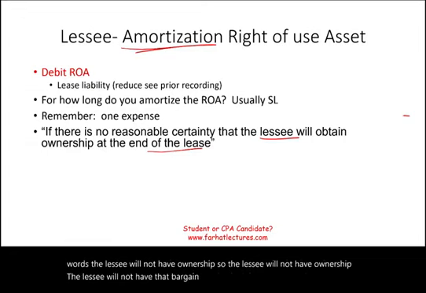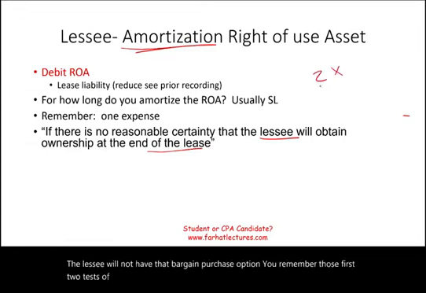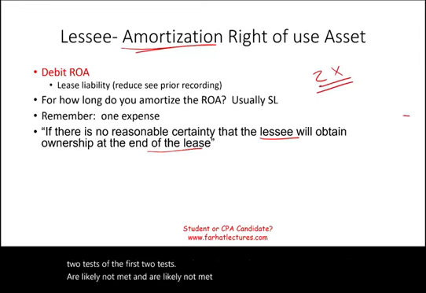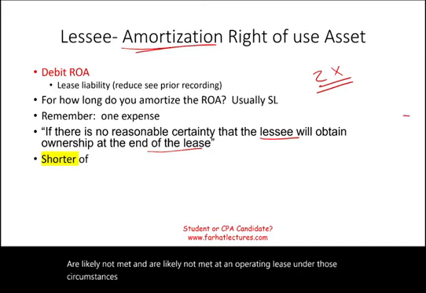You remember those first two tests. If the first two tests are likely not met, and they're likely not met in an operating lease, under those circumstances, we amortize the asset using the shorter of the lease term or the useful life, the shorter of these two.